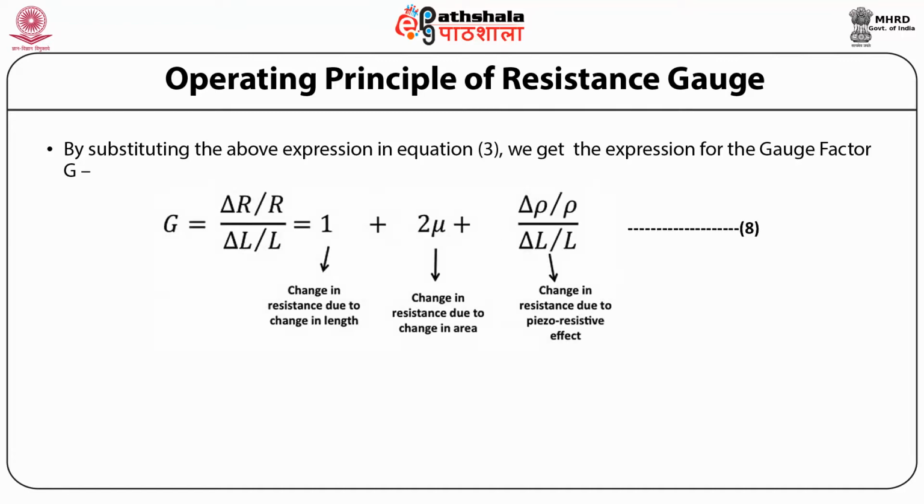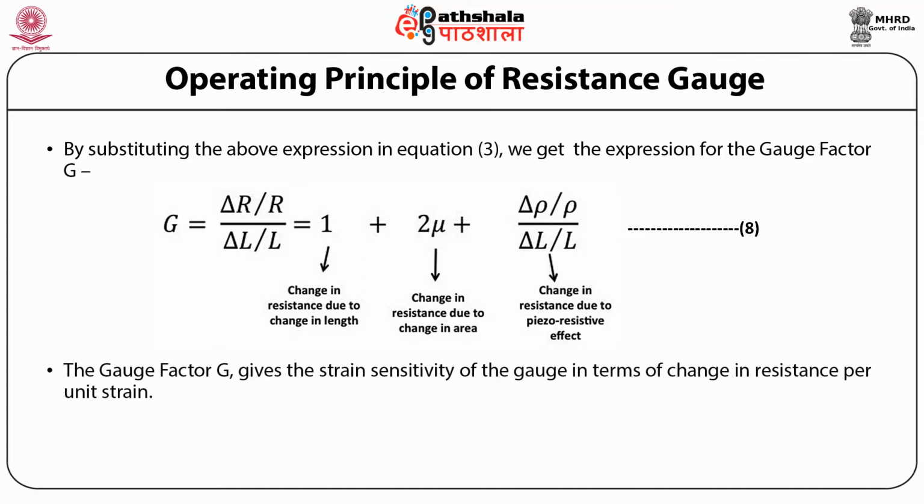The gauge factor is equal to delta R by R divided by delta L by L. This is equal to the first term 1, that is change in resistance due to change in length, plus 2 mu, that is change in resistance due to change in area, plus delta rho by rho divided by delta L by L. This is change in resistance due to piezoresistive effect. This is given by equation 8.